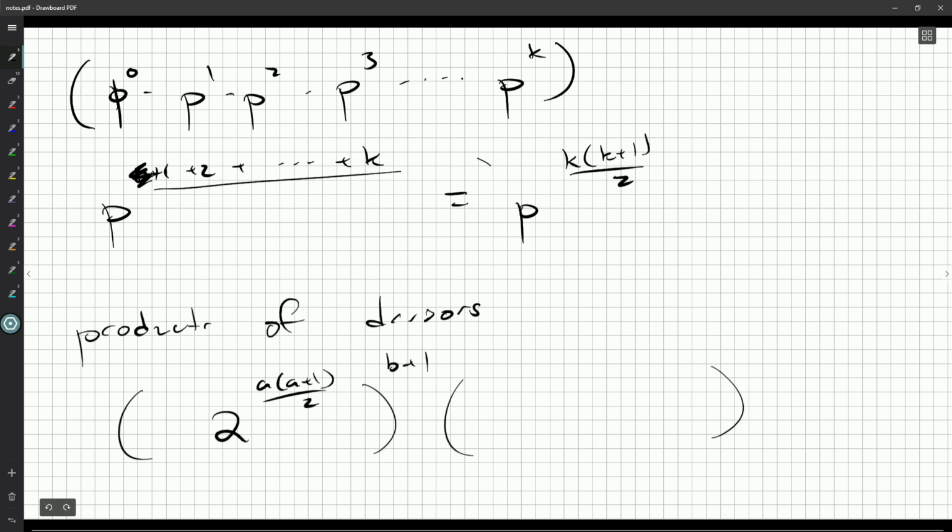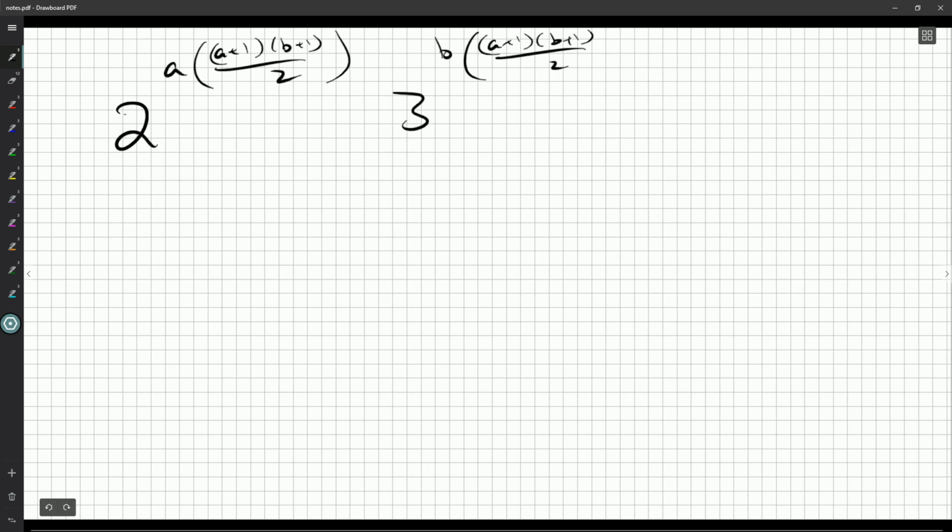And then all the powers of 3 multiplied together, 3 to the B times B plus 1 all over 2, to the A plus 1. Now we can sort of expand this out. I'm going to particularly focus on the exponents: A times A plus 1, B plus 1 over 2, and 3 to the B, A plus 1, B plus 1, all over 2.